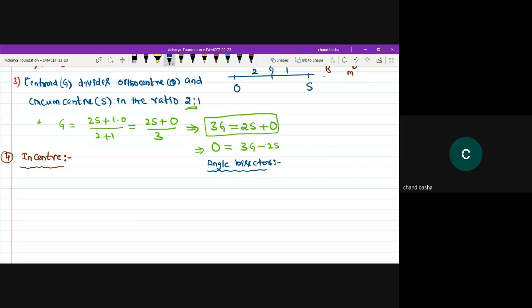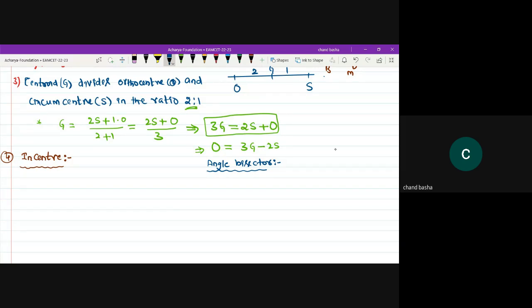The synopsis related to these prerequisites we'll share in your groups. Better to take a Xerox or printouts; 3 pages will be given to you. The set of all points equidistant from the intersecting lines is called the angular bisector. That is the simple statement I gave you.